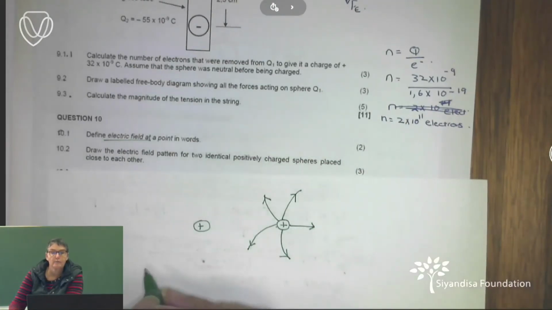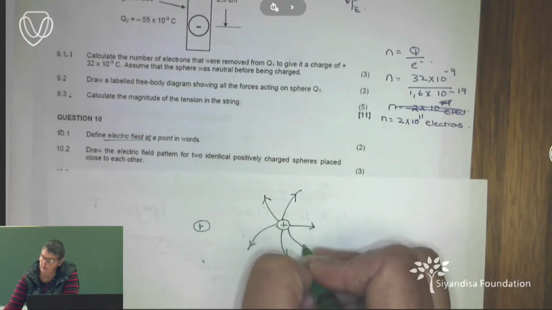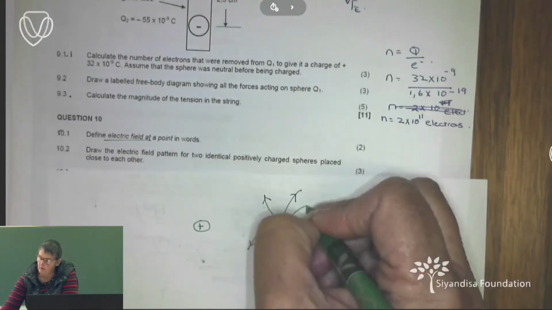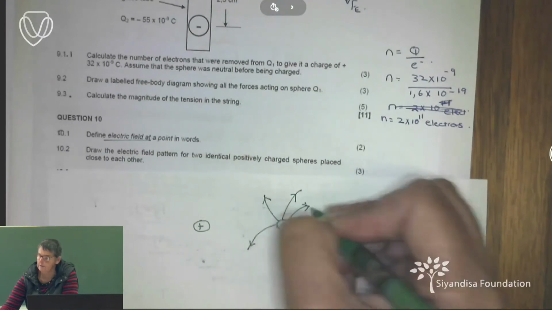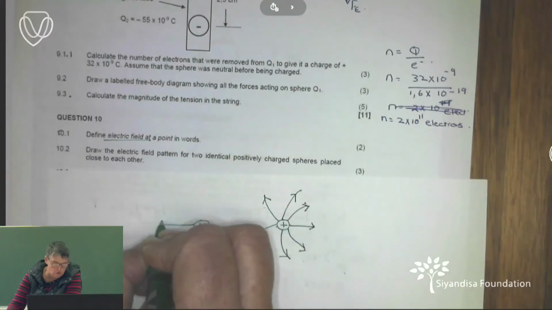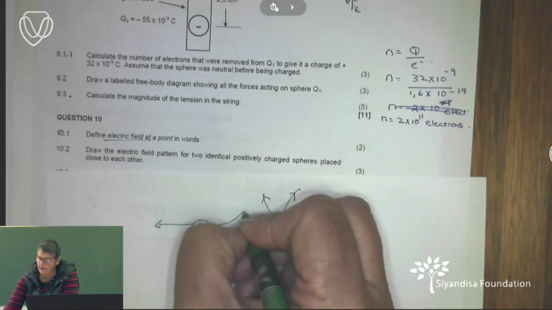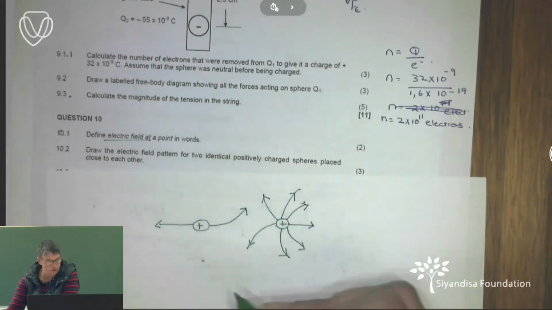Right. Now what's going to happen on this side? Let me just draw some more, and there. Right. Okay. And what's going to happen on this side? That one's also going to go in that direction because it's a positive. And these are going to repel each other.